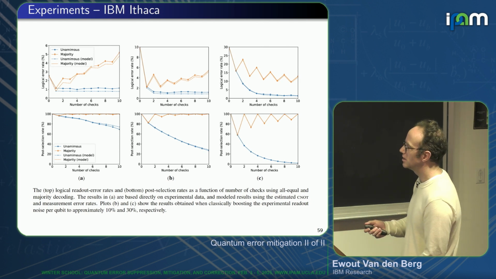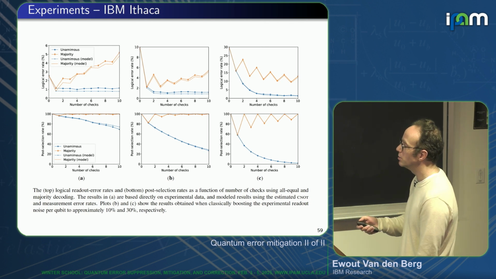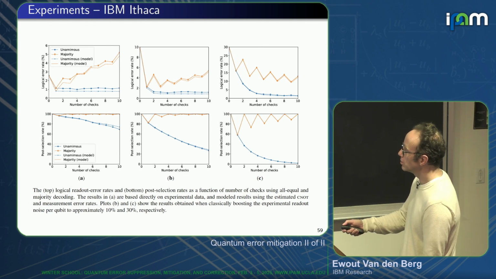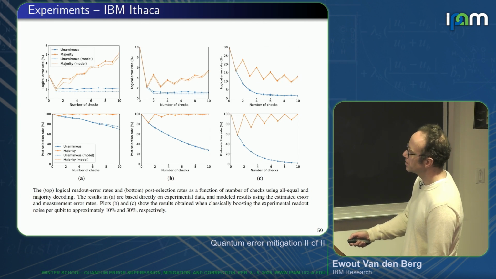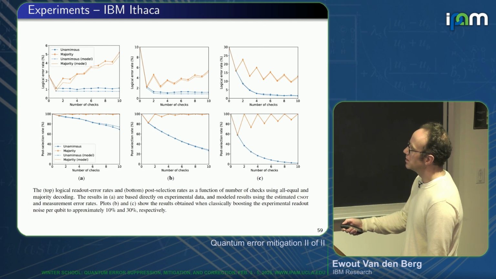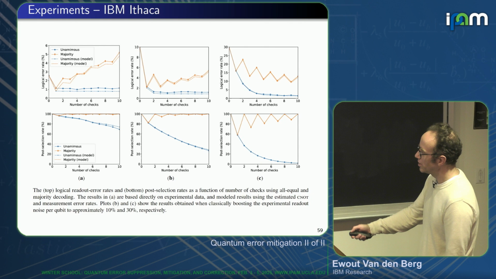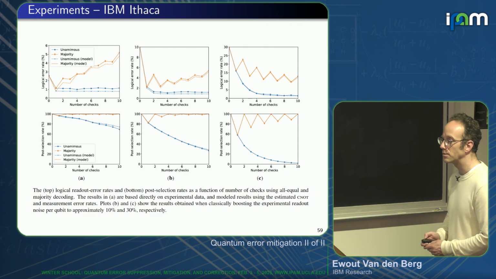If you measure 0 and 1, you don't know which one you have to do. So you have to throw out ties in that case. If we just increase the readout error artificially a little bit, you see that the majority voting does decrease the actual logical error rate, but not as much as unanimous, but unanimous has a much lower post-selection rate.